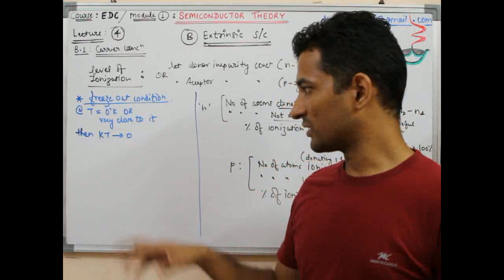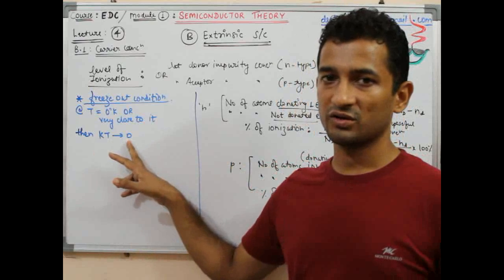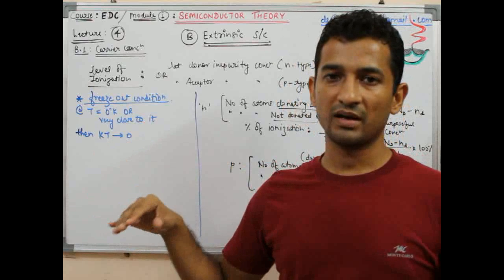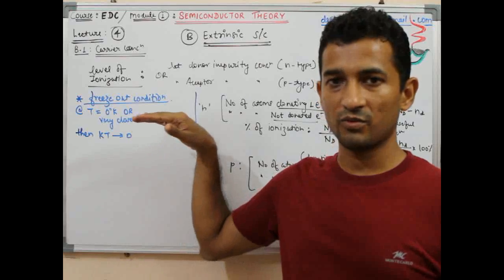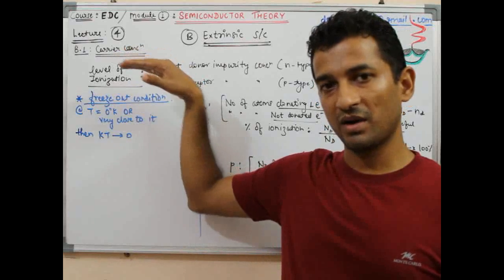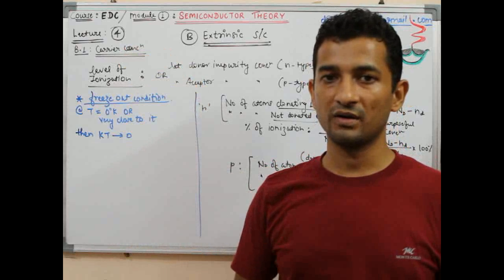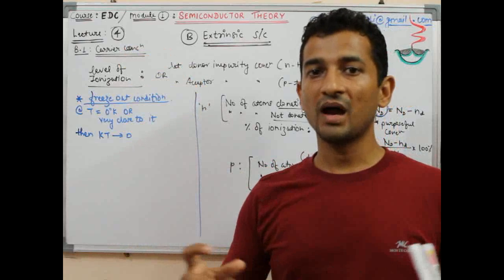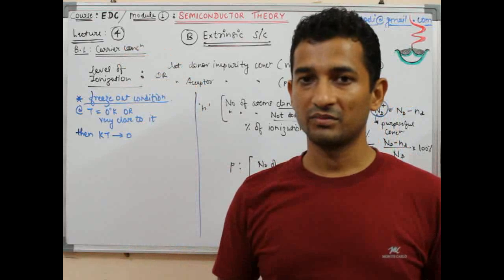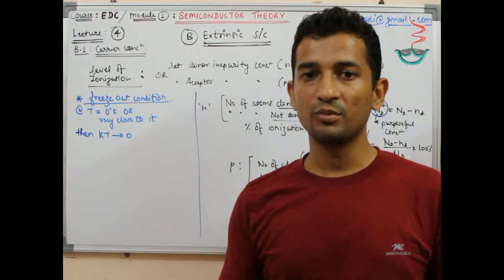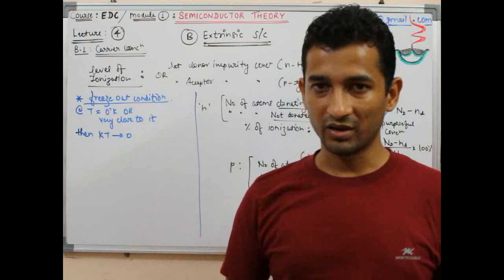Once that happens and energy is not sufficient, there won't be any transition from donor level to conduction band or acceptor level to valence band. So electrons and holes will not get free from that impurity atom. So there won't be any contribution from the added impurity.